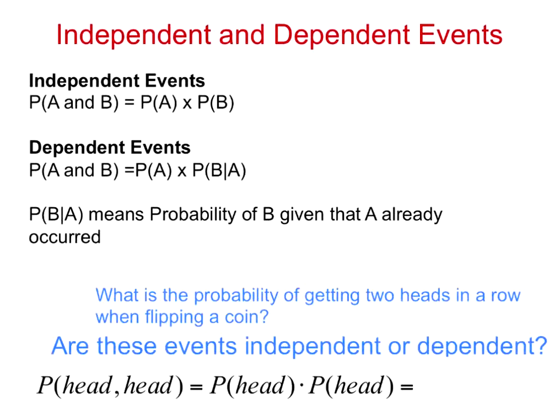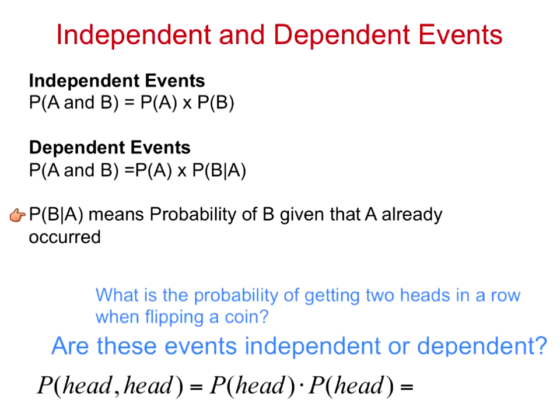So there's a formula for independent and dependent events. We're going to try each of these. Independent events is just where you do your probability times your probability. This was your with replacement formula from just a minute ago. Dependent events is your without replacement formula.